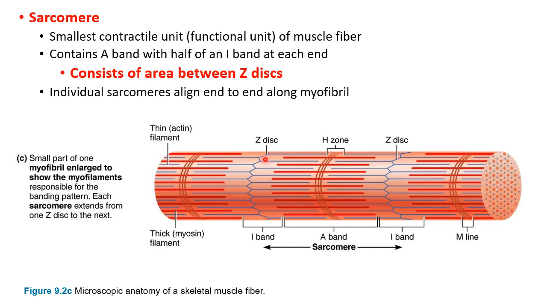Now imagine when you have muscle contraction, your thin filaments are going to move this way. Actually, your thick filaments move that way. So this I band is going to disappear when you contract the muscle. Okay, what about the A band? Is it going to disappear when you contract the muscle? No. Is it going to get bigger?